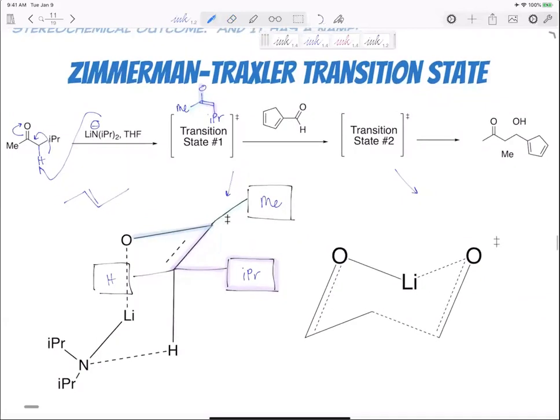However, if you swap it, if you put isopropyl here, right? Yes, it seems better, but don't forget that isopropyl and oxygen, first and foremost, can interact here. Second of all, I'm not going to get the E enolate. I'm not going to get the E alkene.